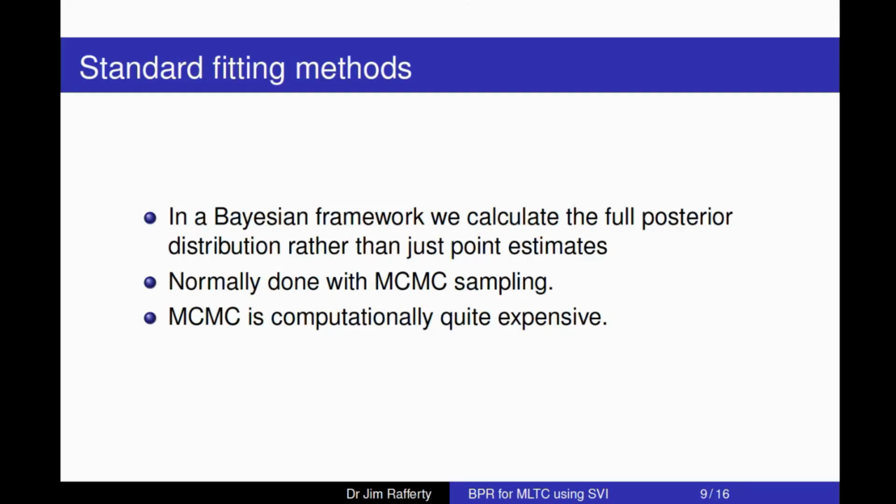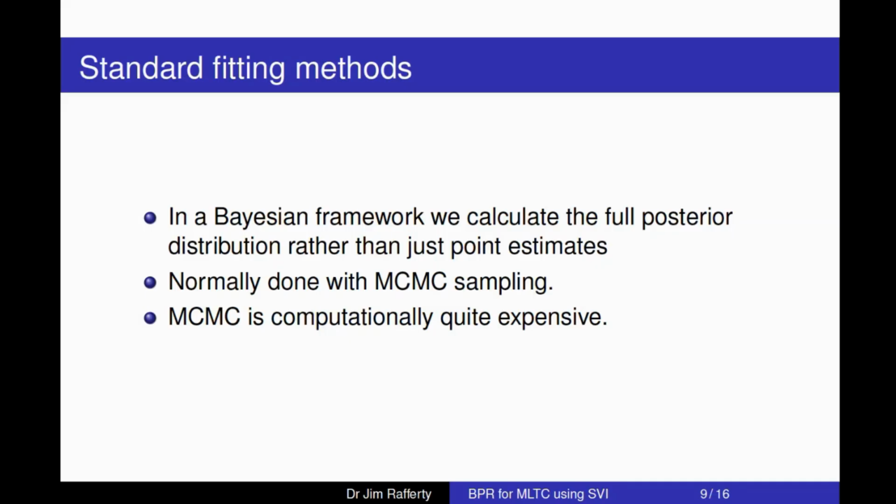We want to retain full parameter uncertainty in the estimation. That's done using MCMC. Gibbs sampling and the no U-turn sampler, NUTS, are typically the most popular choices here.